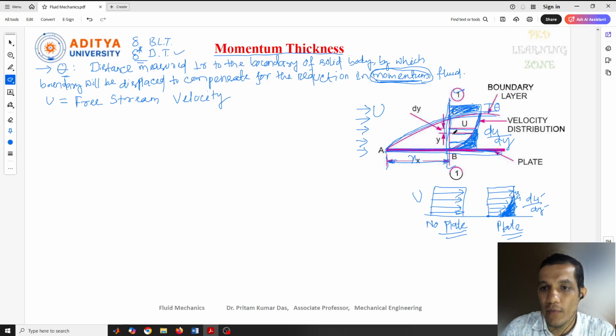That elemental strip I'll draw here. Let's consider this, this is the small elemental strip. Okay, now I will draw a little bit on this side.